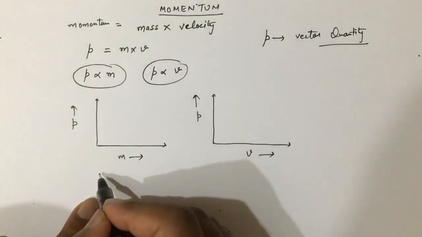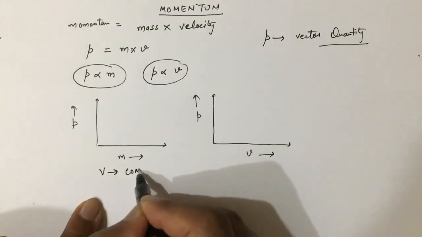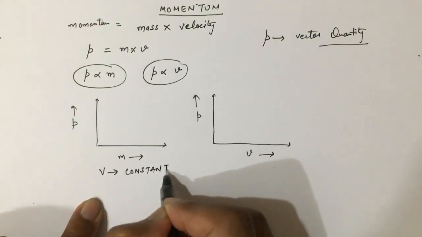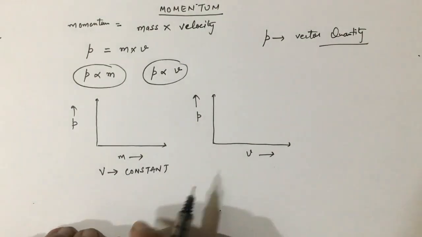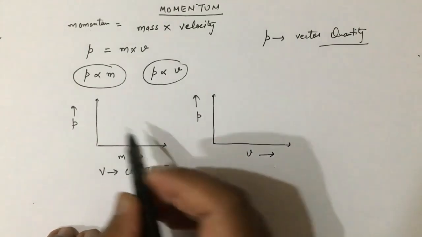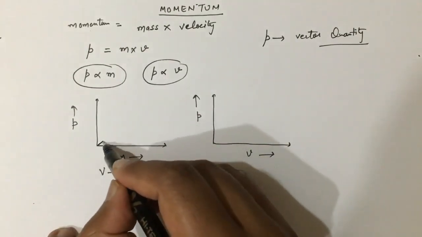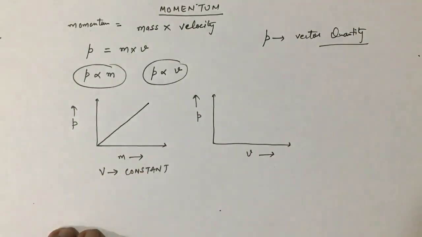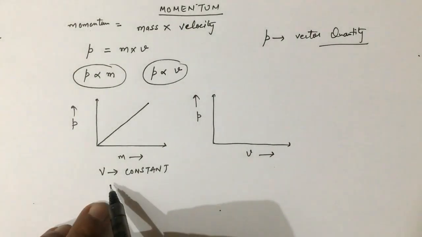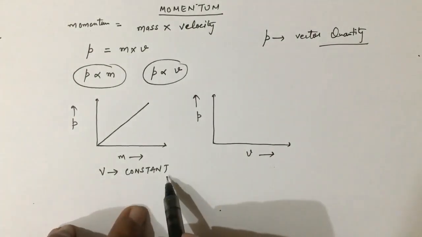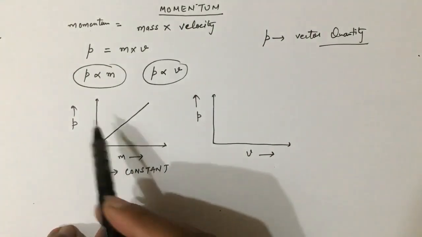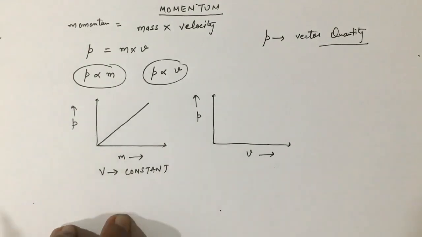We are not changing the velocity. Now if you increase the mass, then the momentum will increase like this. If we don't change the velocity of the body, with increase in mass the momentum of the body increases.